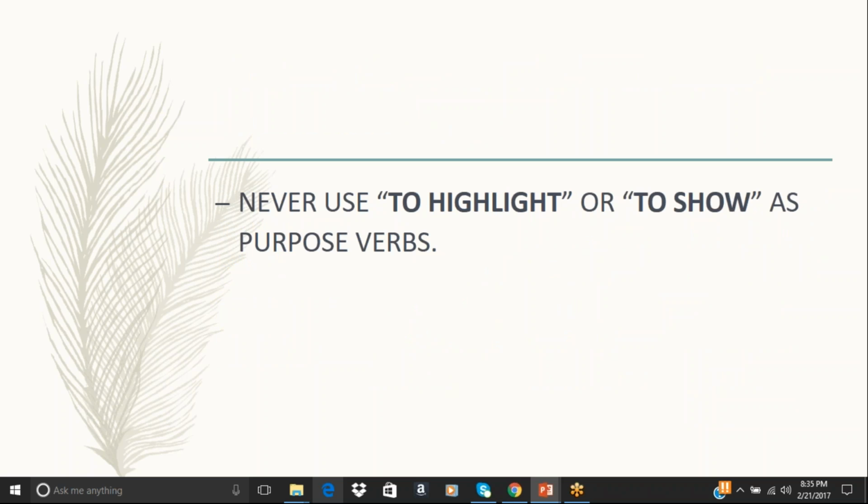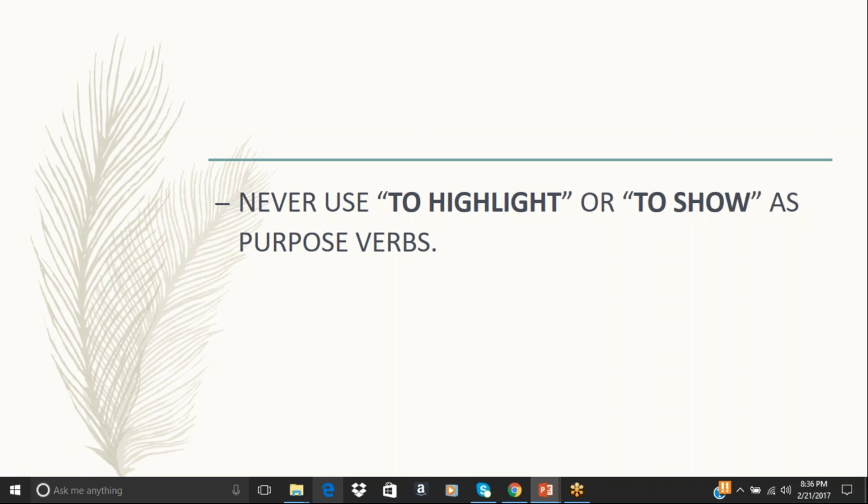Okay, now according to this, they say never use to highlight or to show as purpose verbs. That is them being a bit pedantic, nitpickers, all right? It's not that you should never use them, but we are suggesting that you stay clear of these words to make it sound like you really know what you're saying.